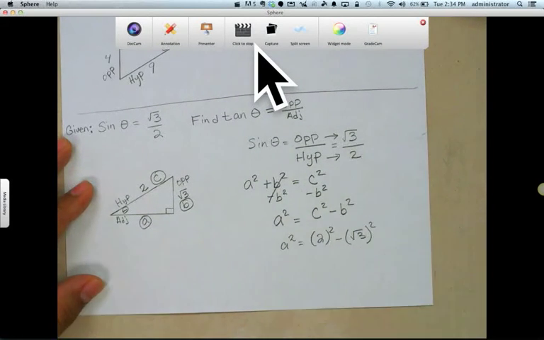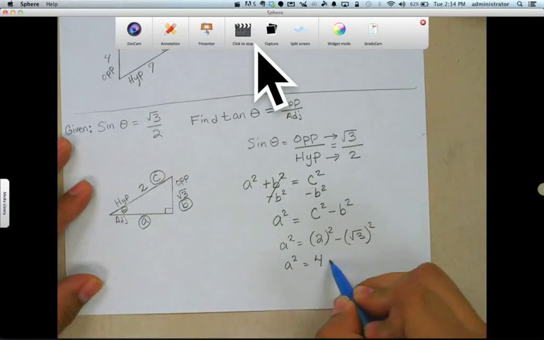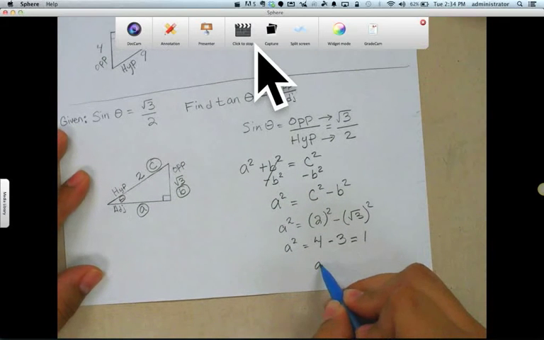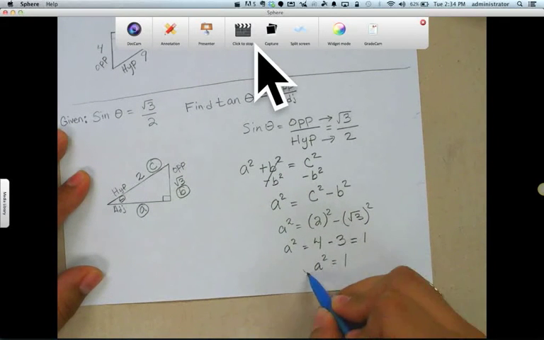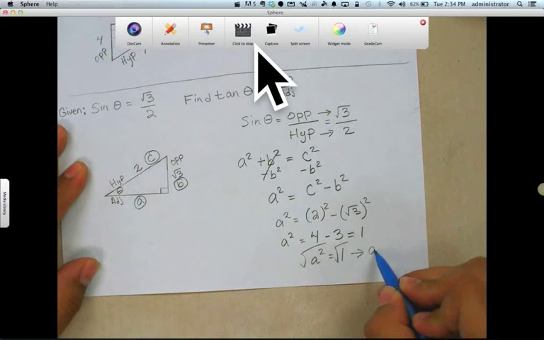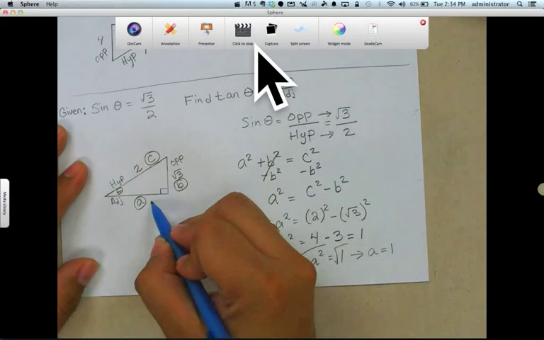Then we have a squared equal to 4 minus, and this becomes 3, so 4 minus 3, which is 1. So I have the case where a squared equals 1, and of course you apply the square root property to both sides, but very simple because the square root of 1 is simply 1. Okay, so the adjacent side is 1.